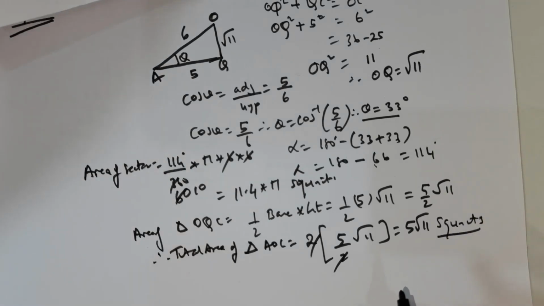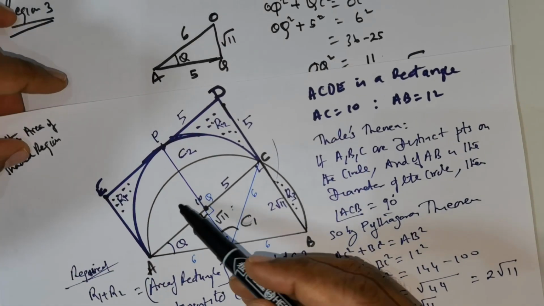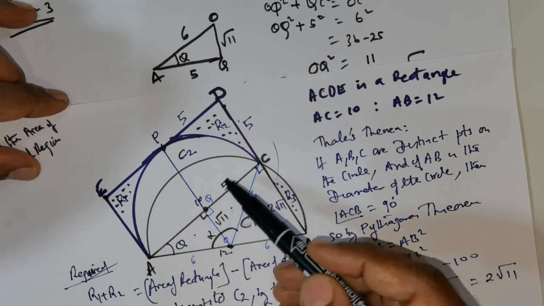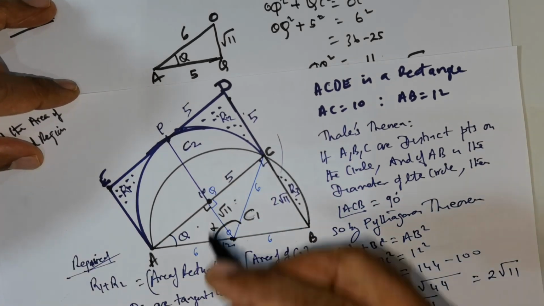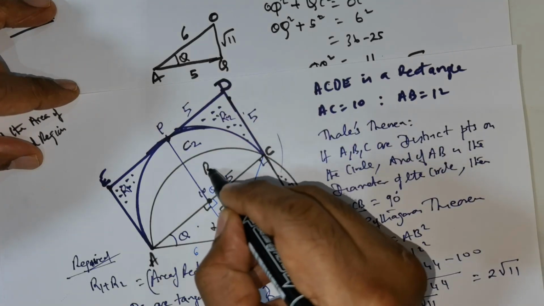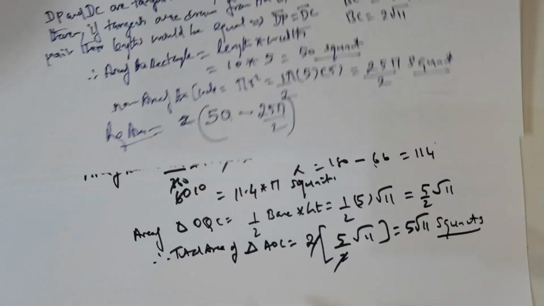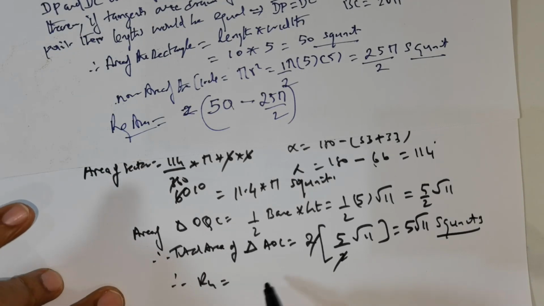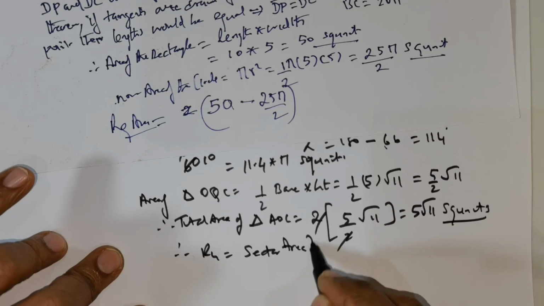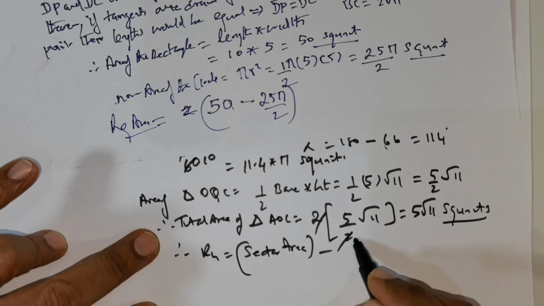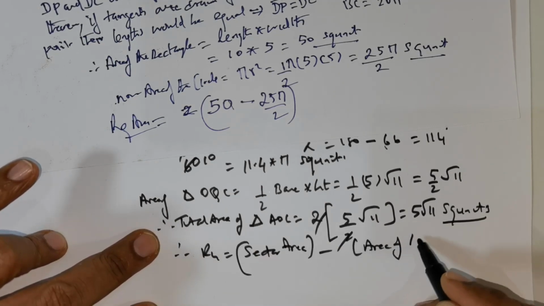Okay. Now I need to get this segment. Let me take this region to be, say, R4. Therefore R4 is equal to the sector area, and from the sector area I take away the area of the triangle.